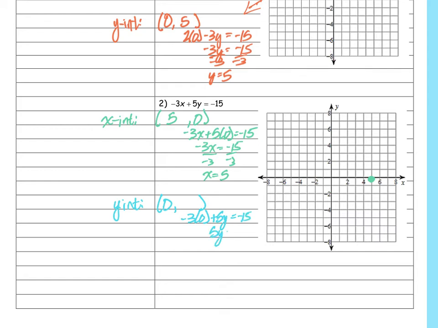So 5y equals negative 15, divided by 5, y equals negative 3. So I've got 0, negative 3. Two points are on my graph, so then I'm going to draw a straight line, something like this, I guess.